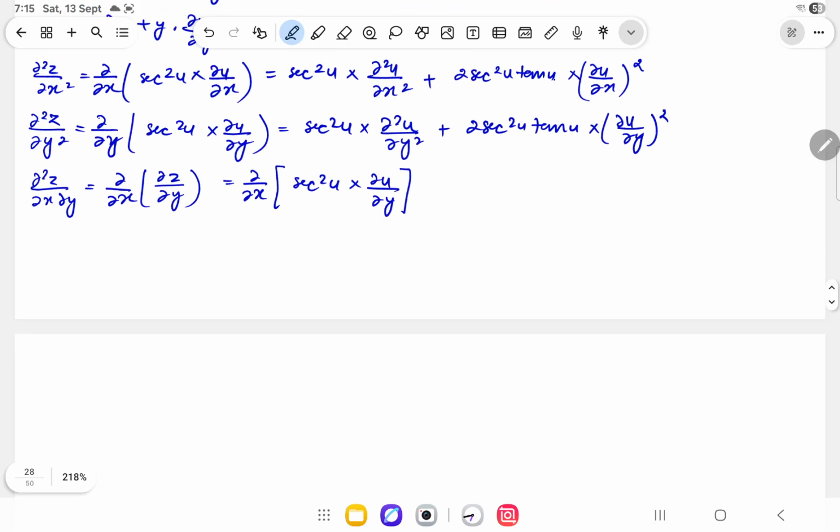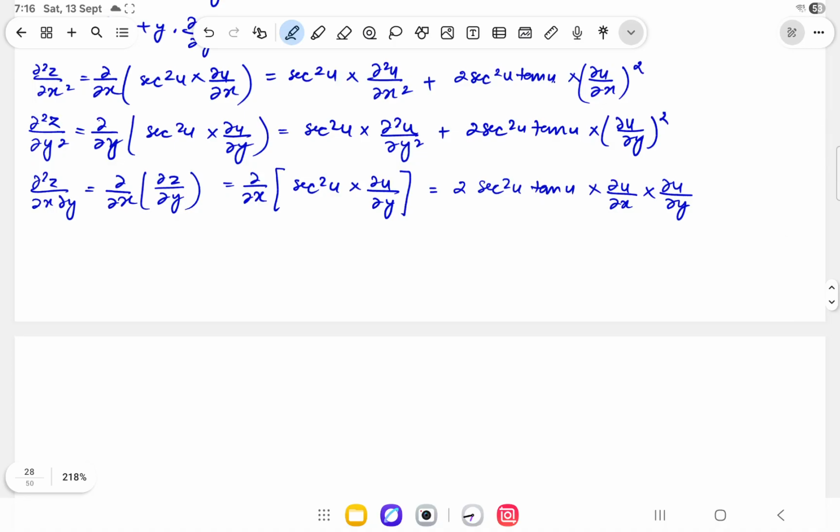If I simplify it, I will get 2 sec square u tan u into del u by del x into del u by del y. Yeah, that's all I'll get. So let's substitute these values and see where we reach.